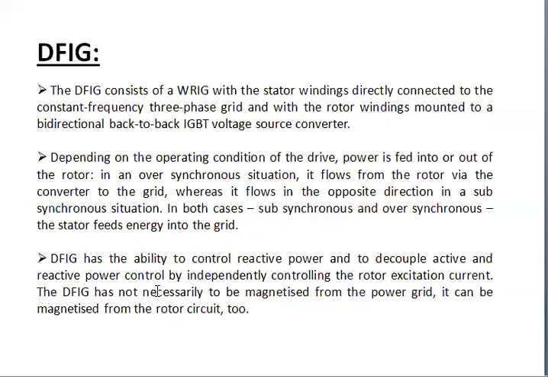Why? Because it consists of a wound rotor induction generator with the stator windings directly connected to the constant frequency, that means three-phase grid, and with the rotor windings mounted to a bidirectional back-to-back IGBT voltage source converter.